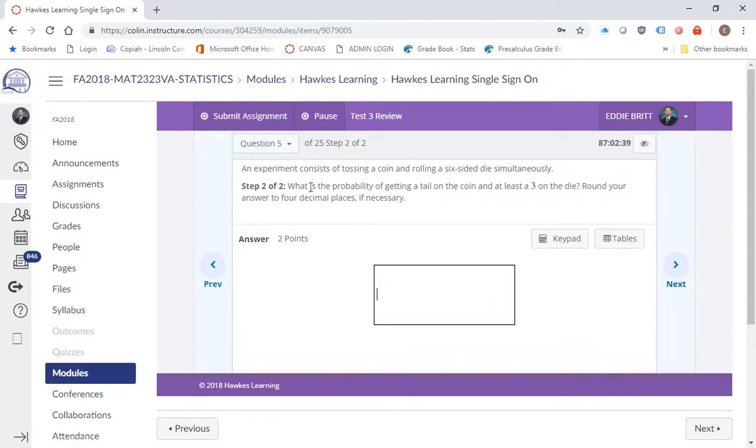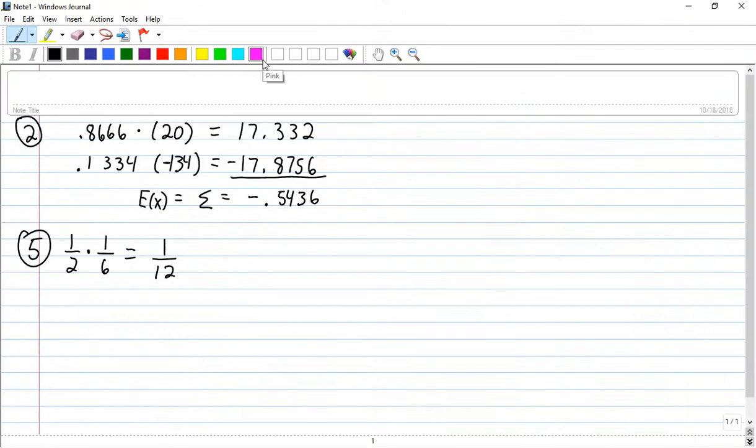Step 2 says, what is the probability of getting a tail on the coin and at least a 3 on the die? So a tail, the probability is 1/2. Then at least a 3, that means that you get a 3, 4, 5, or 6. So that's 4 possibilities out of a total of 6 possibilities, right?